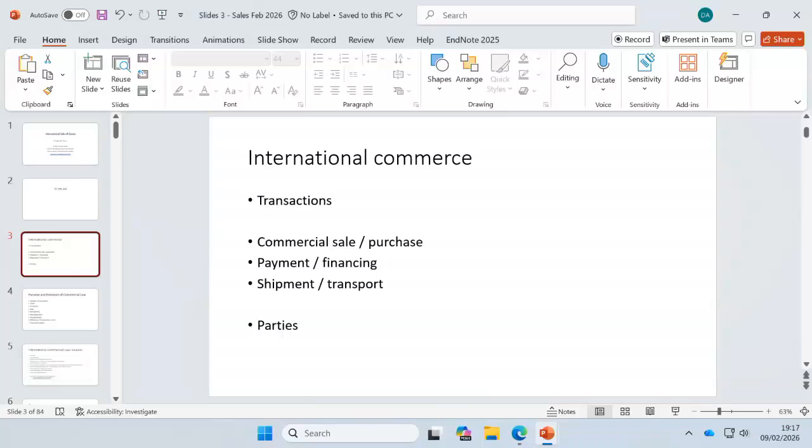We just saw in the context of the CISG that it essentially lays out the key terms for commercial sale and purchase. It lays out, if you will, the default legal treatment of common aspects of international sale and purchase.